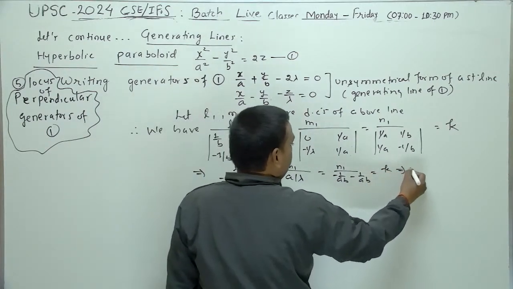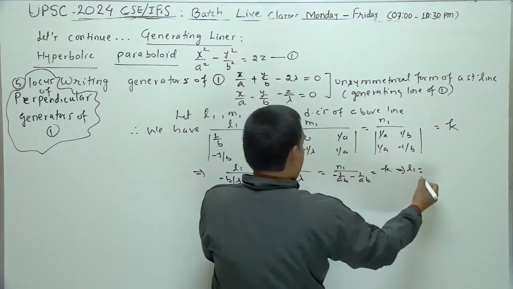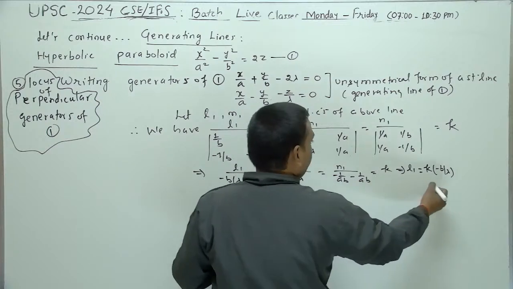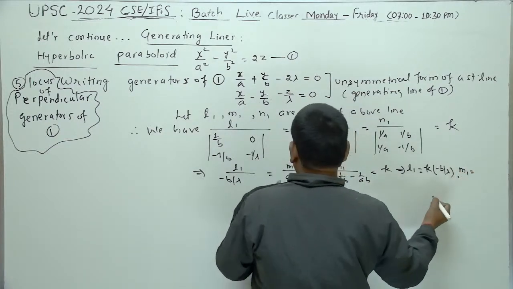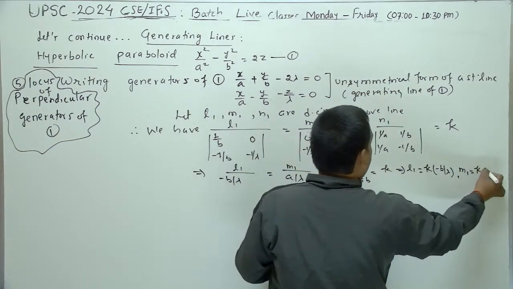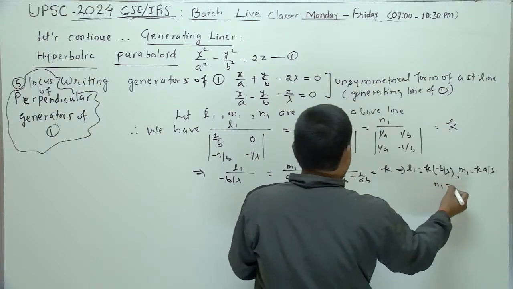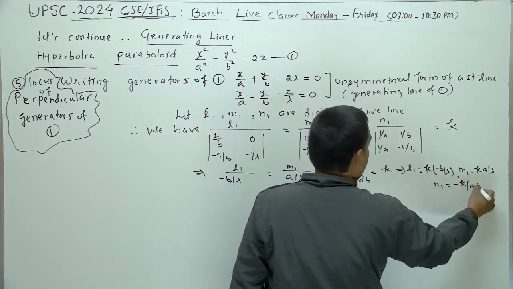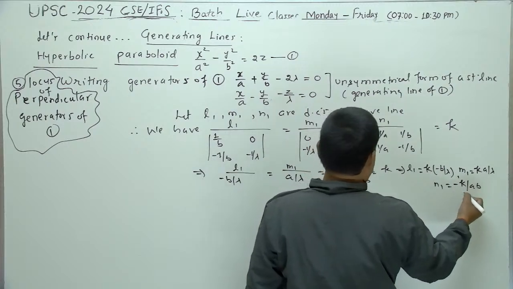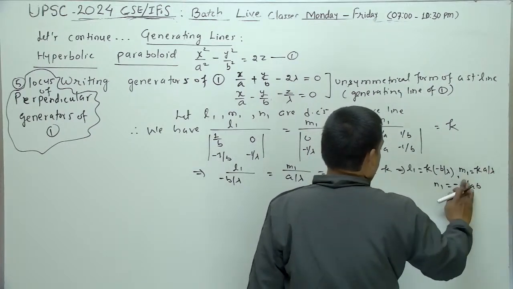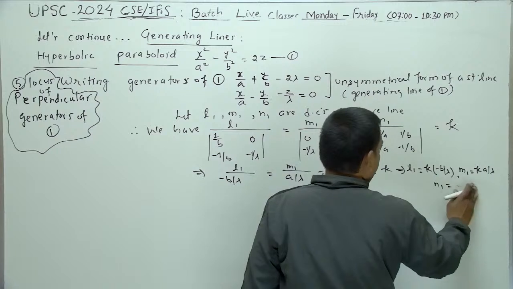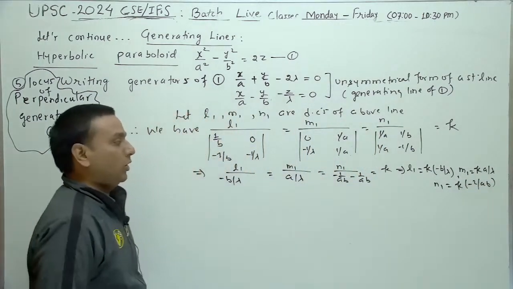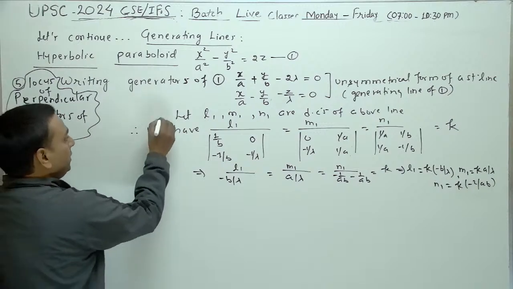So this implies L1 you can write k into minus b by lambda. M1 you can write k into a by lambda. N1 you can write minus k upon 2k upon 1 upon ab, 1 upon ab is 2 upon ab. So that you can write is k times minus 2 upon ab. Right or not? L1, M1, N1 we got.